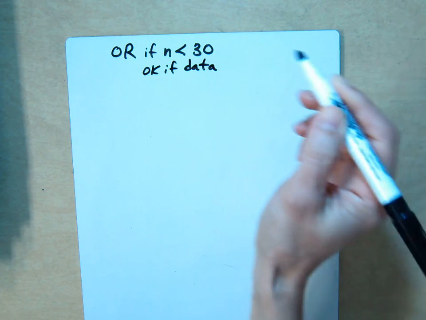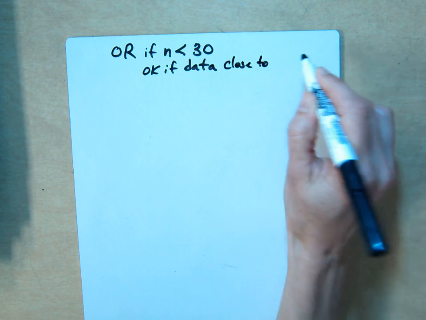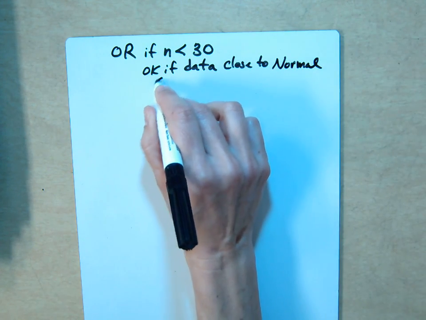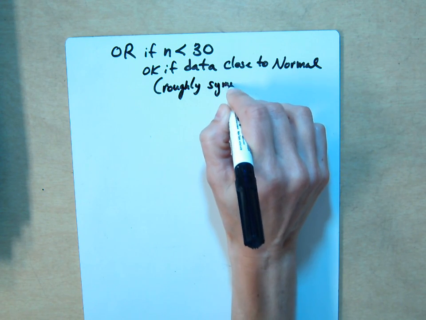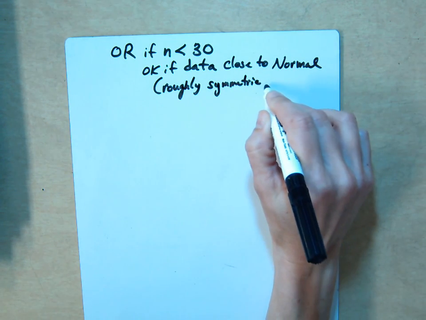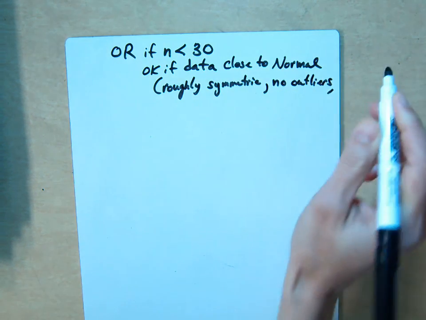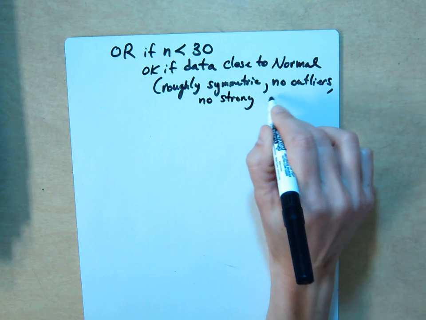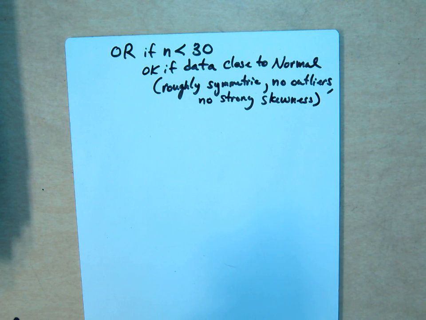Even if you only have a sample size of like 10, it's okay if the data is close to normal, which you figure out by graphing it. Close to normal means roughly symmetric, no outliers, and no strong skewness. Then we can still use this procedure, and we'll see that in one of the examples in a minute.